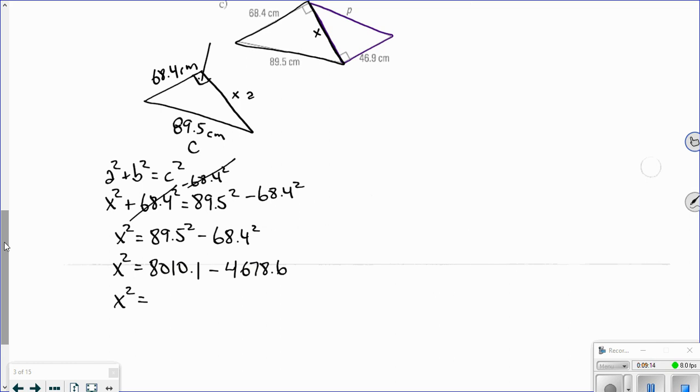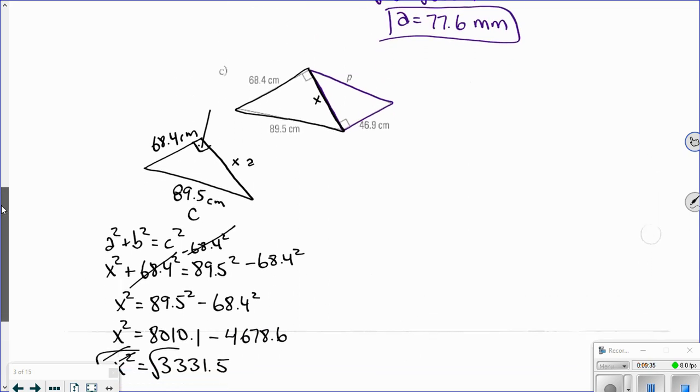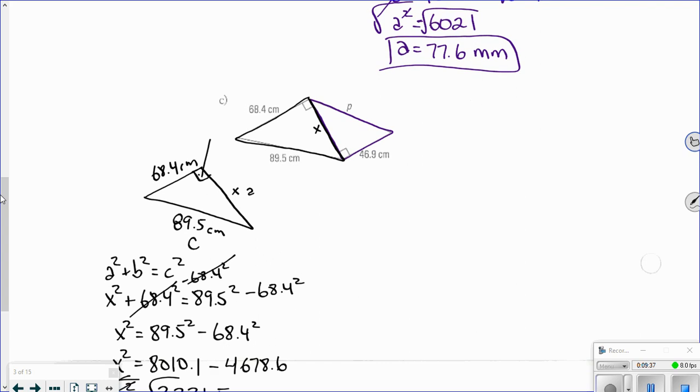So when I simplify, I get x squared equals 3331.5. And take the square root of both sides so that the squared and the square root cancel. I get that this side length is 57.7 centimeters because I had centimeters in my original. That's not the answer. This is now this piece right here, 57.7.